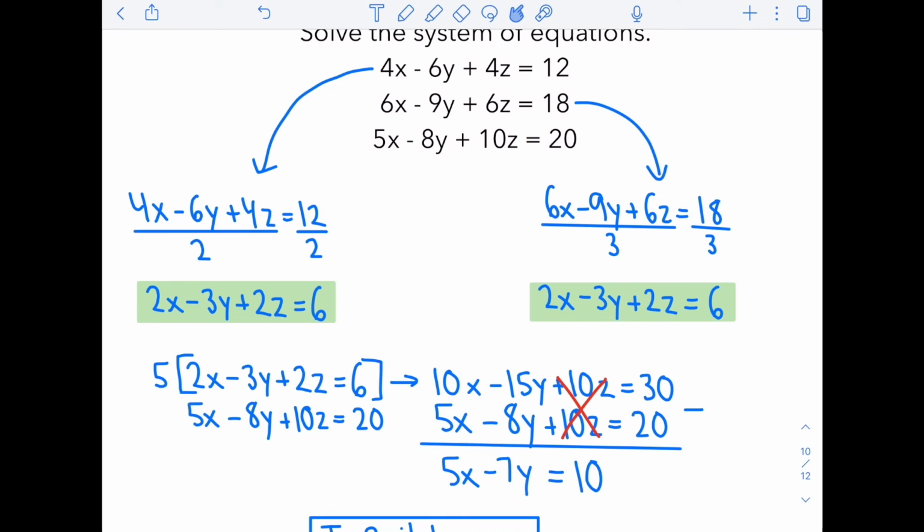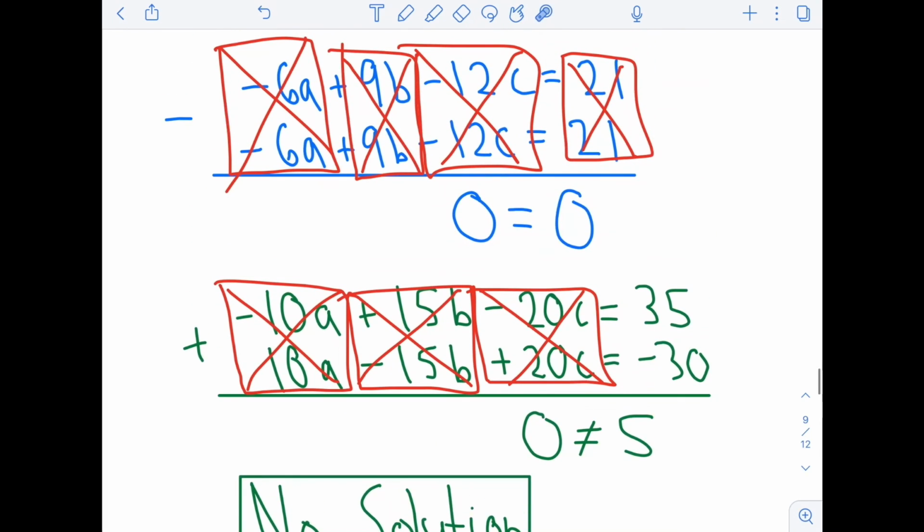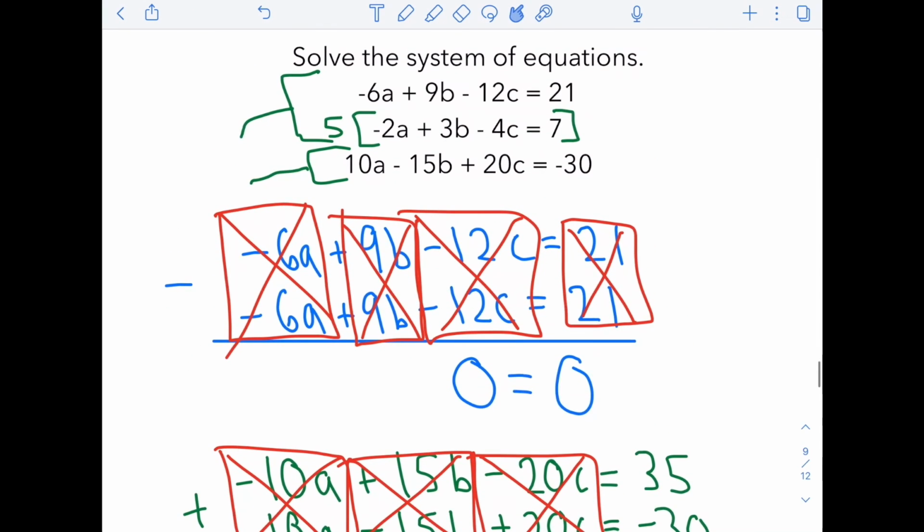But one thing to notice is that when you're solving a system of more than two equations, if you get something like 0 equals 5, then that will always yield no solution. But if you have 0 equals 0, like in this last problem here, that means that there may or may not be an infinite number of solutions.